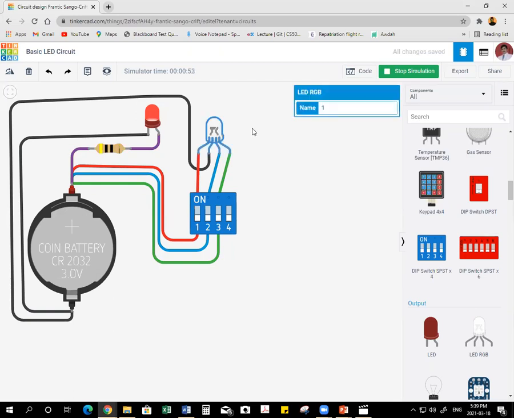Now we'll see this RGB. Now this RGB light, if you switch on the first one, just check, it is gone. Why? Because it is directly connected. So what we need is the same principle as the normal LED: how we kept this resistance, for this also we have to keep the resistance.